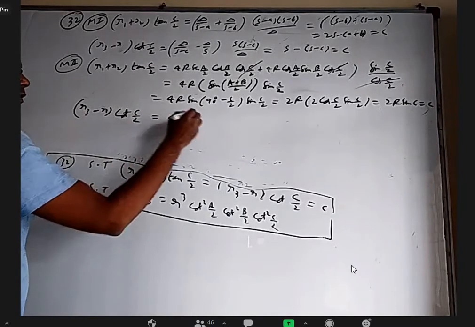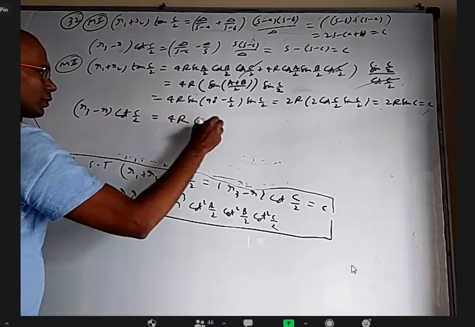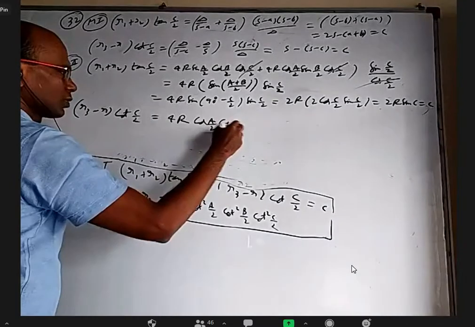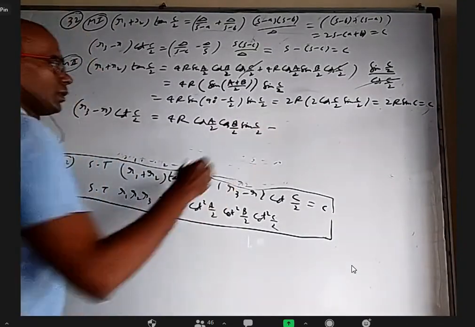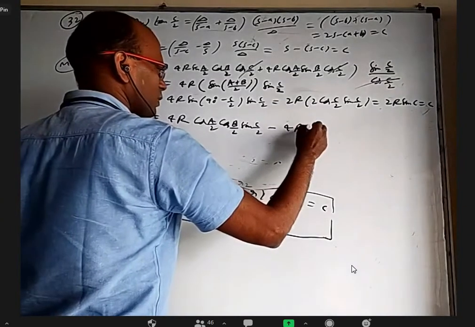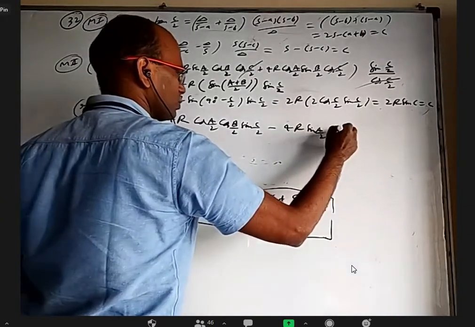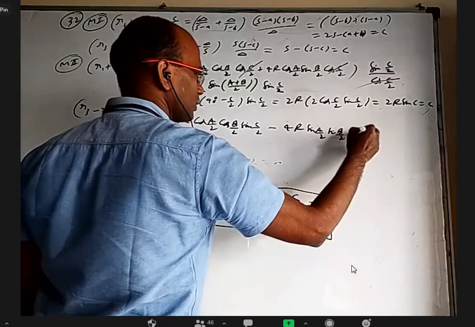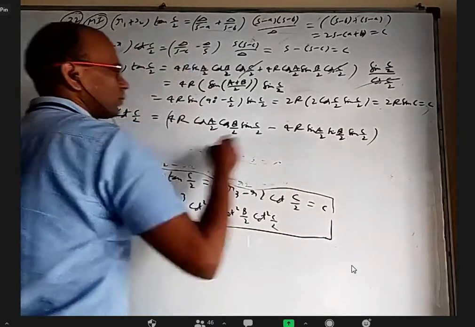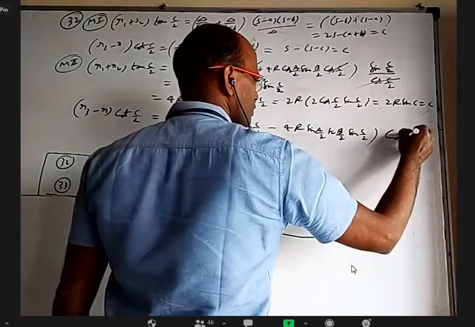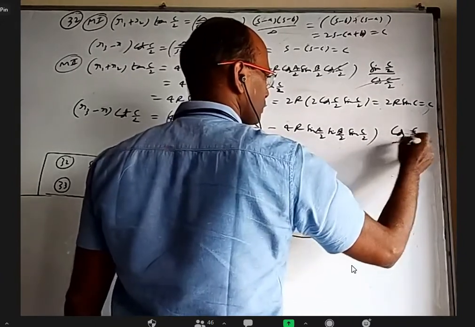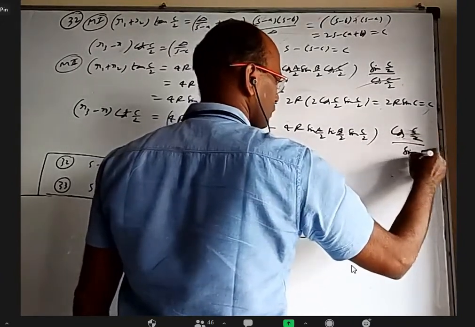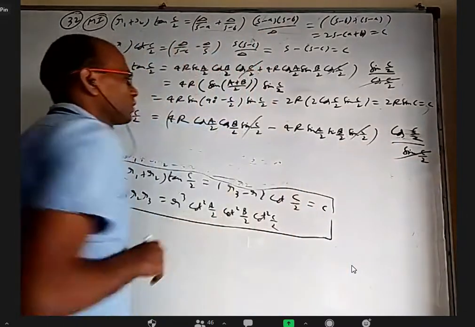R3 minus R cot C by 2 is 4 capital R cos A by 2, cos B by 2, and sin C by 2. This is 4 capital R sin A by 2, sin B by 2, sin C by 2, into cot C by 2, or cos C by 2 by sin C by 2. Here sin C by 2 we can cancel.